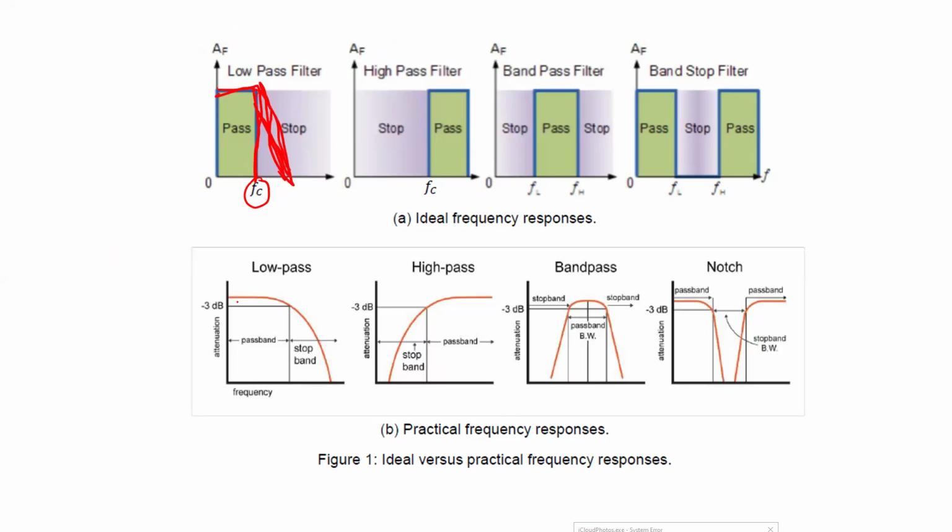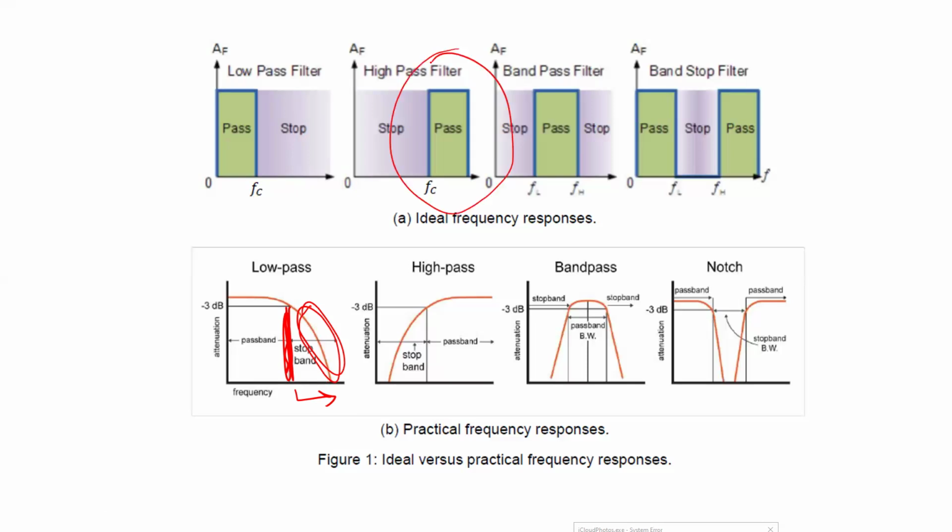Although I want to pass all frequencies until here, and anything greater should not pass, the circuit is actually going to pass some frequencies here with different amplitude or different gain. Maybe these frequencies are going to be smaller in amplitude, but they are still going to pass.